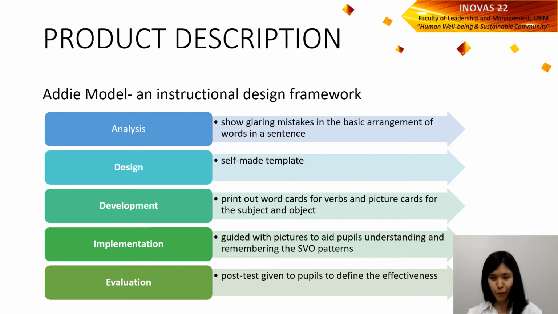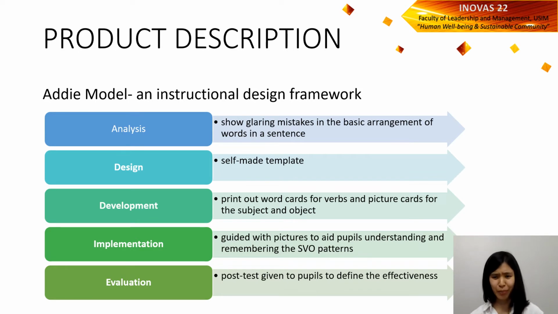In step 4, implementation, we would carry out the card games in class, where all the Year 3 pupils would sit in a big circle, and each of them will be given 10 cards at the beginning, as what you saw in the video just now.